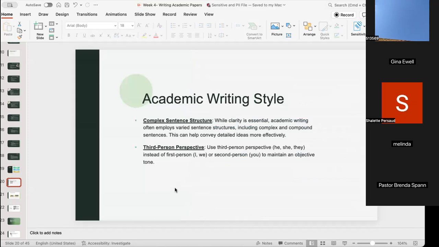Thinking about, again, the actual writing, your sentence structure, I like to see a varied sentence structure. Like I said, you can have a really simplistic sentence and then a very complex sentence. You could have a short sentence and then a long sentence and then another long sentence and then a short sentence. So you want to vary your sentence structure.